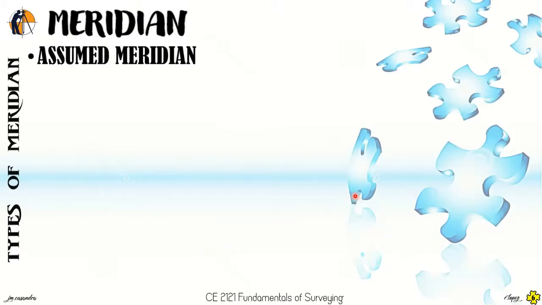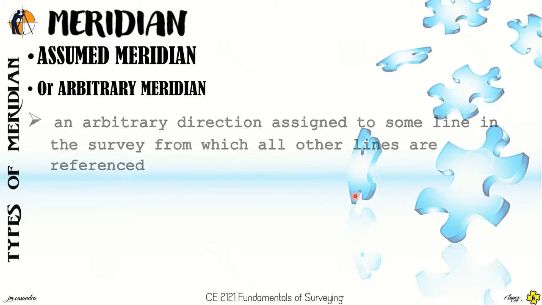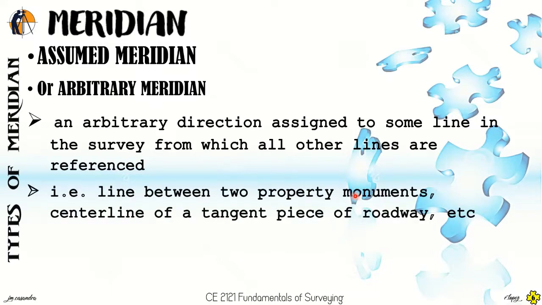Lastly, we have your assumed meridian or arbitrary meridian, which is any direction assigned to some line in the survey from which all other lines are referenced. An example would include a line between two property monuments, a center line of a tangent piece of roadway, and the like.